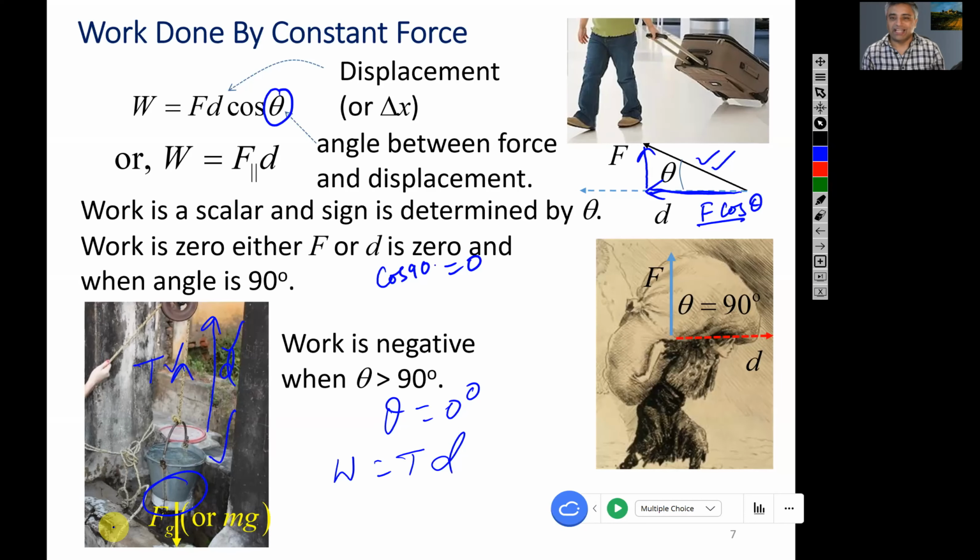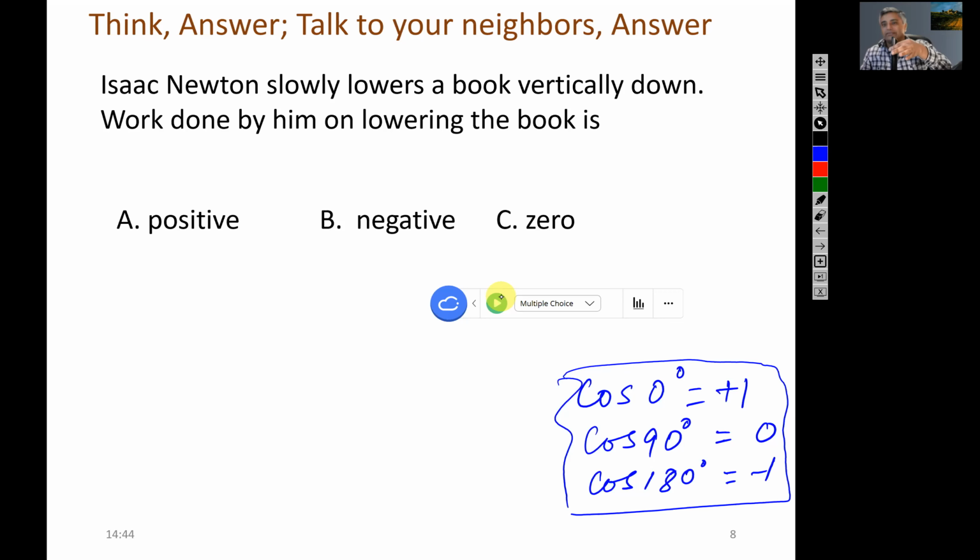Lower it. Are you applying force down? Try applying force down. What happens? Does the thing lower slowly or go really fast?